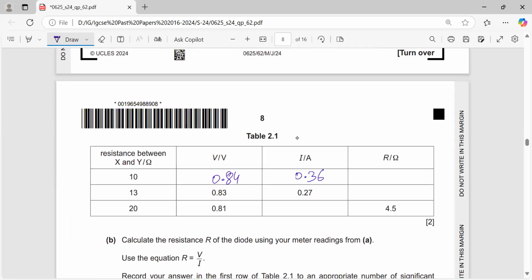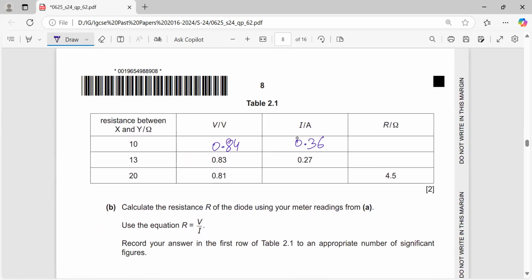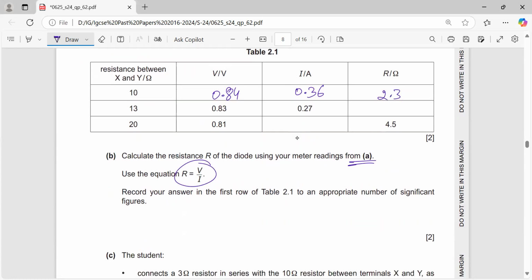Now calculate the resistance R of the diode using your meter readings from A. R is equal to V over I. So 0.84 divided by 0.36 is 2.33. So I can simply write 2.3, to 2 significant figures, because this is one decimal place, so this is also one decimal place. Record your answer in the first row of the table like this.